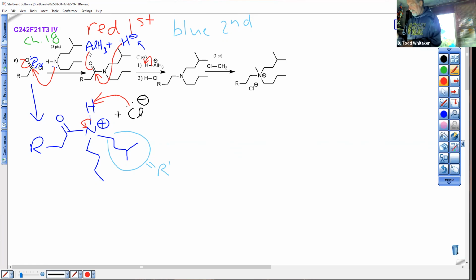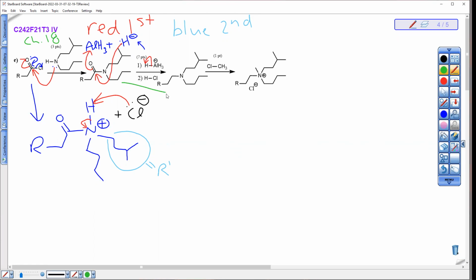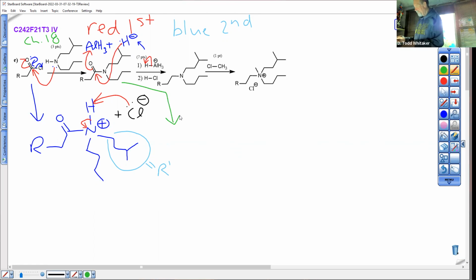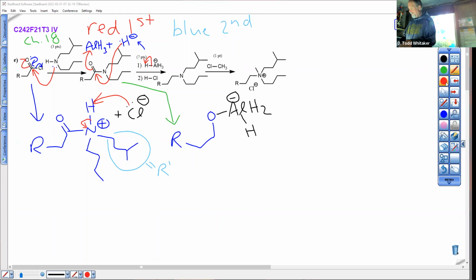Pi breaks, makes a fourth bond to aluminum. And we have R bond to CH2, CO, aluminum, with two H's there and a third one there and a minus charge there. That's going to be hopping off in the next step.